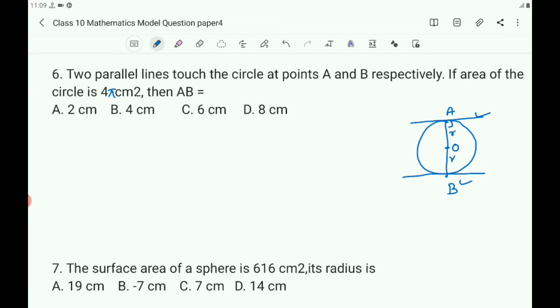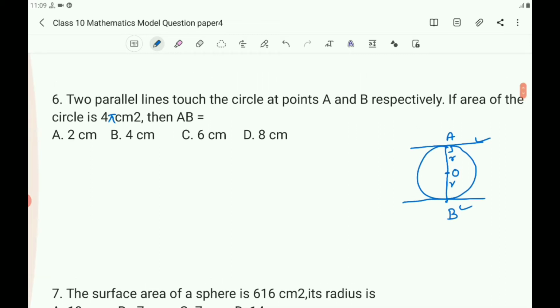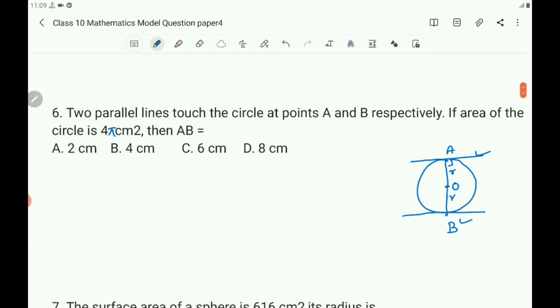If you got the radius of the circle, then you will get AB. So you take here, you know the formula to find the area of the circle. What is that formula? A equals pi r square. That is given. The area is 4 pi cm square is given. So pi and pi cancel.